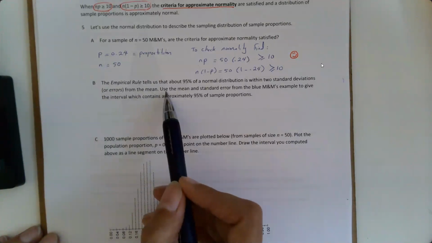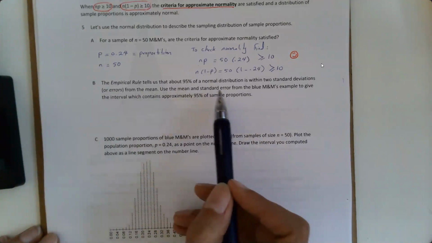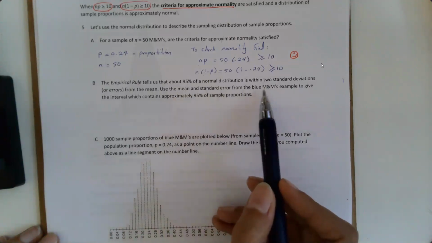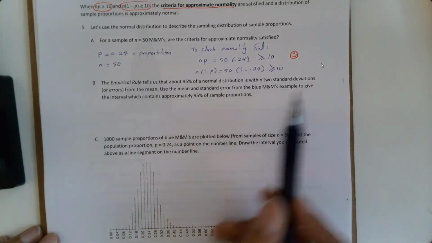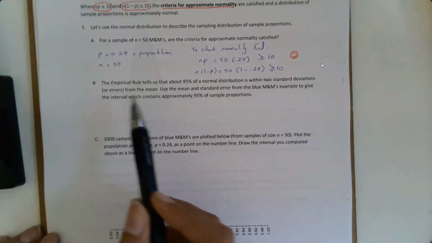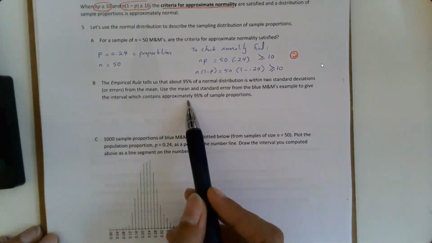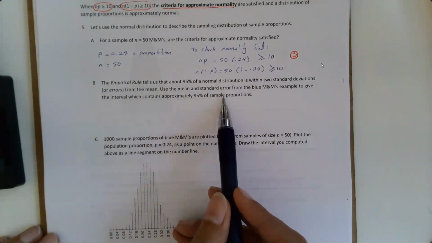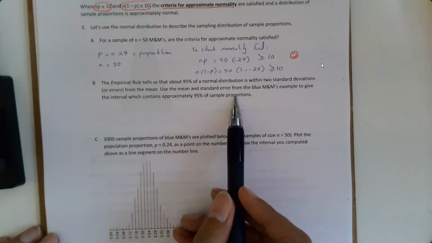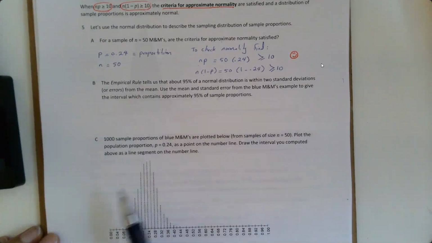The question says, use the mean and standard error from the blue M&M's example to give the interval which contains approximately 95% of sample proportions. We can also take a look at the dot plot, the graph here, and based on that, we can use the approximation.